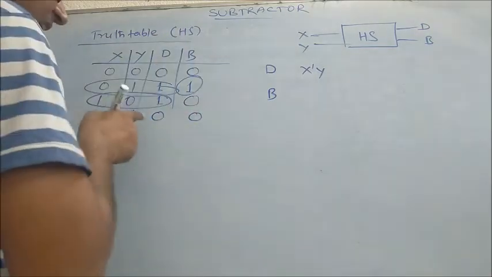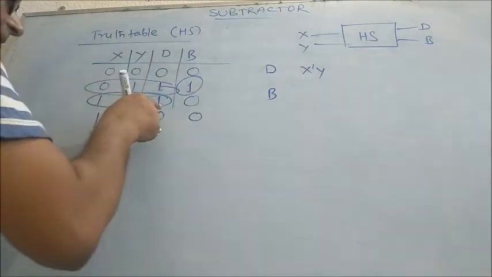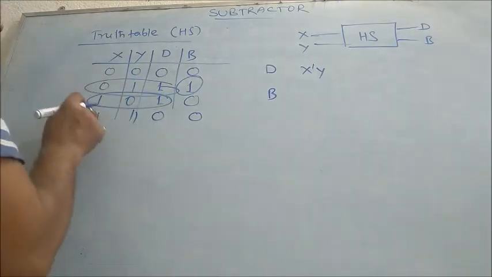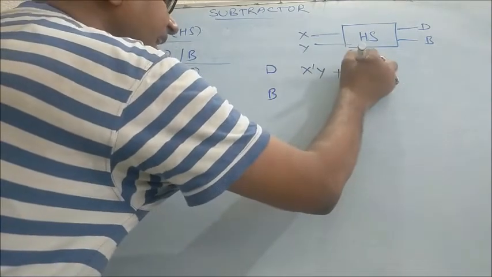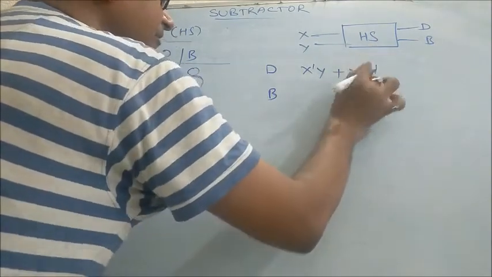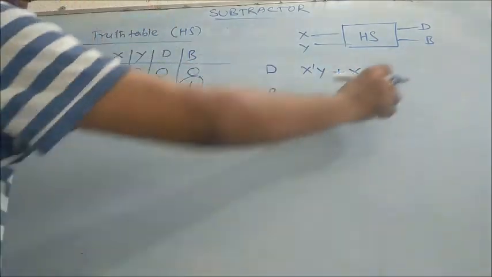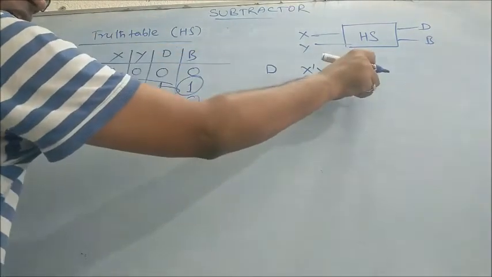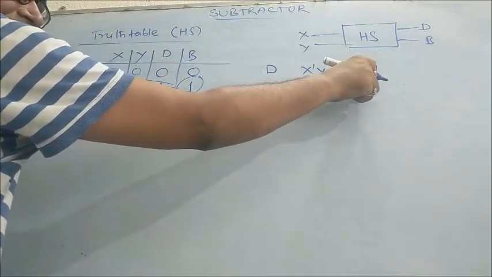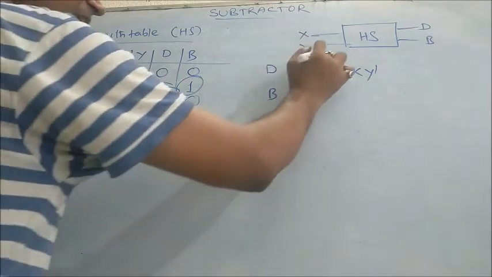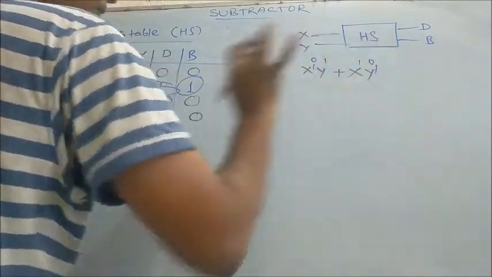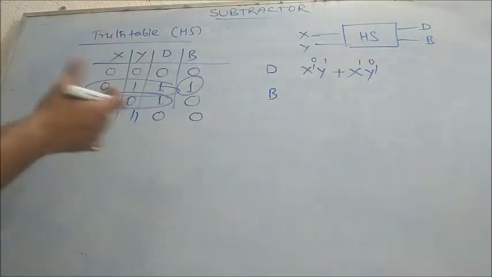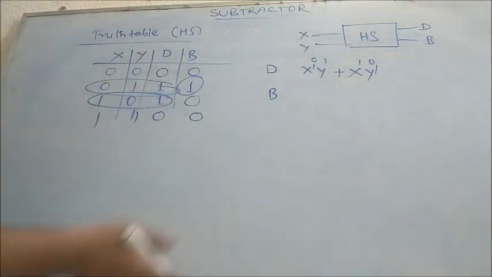So x dash y, next I have 1 0. 1 0 means here x is 1 and y is 0. That means plus x y dash. Dash is for 0 and non-dash is for 1. So here it behaves as 0 1 and here it behaves as 1 0. For that reason we have taken this, for your simple understanding.